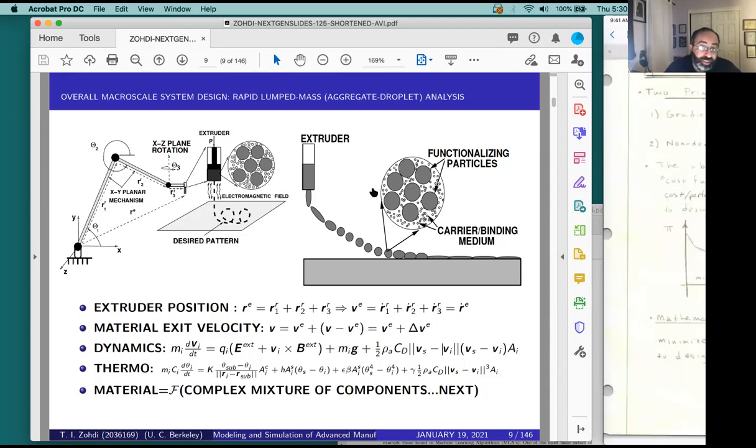So simultaneously with all that, we have this mixture of all of this gooey material where we have a binder shown here with small particles and big particles, which are what we call functionalizing particles. So this might be, for example, the binder might be a thermoplastic and the particles might be silver. That's a pretty common combination. And the reason is that the thermoplastic is easy to melt and is easy to mold.